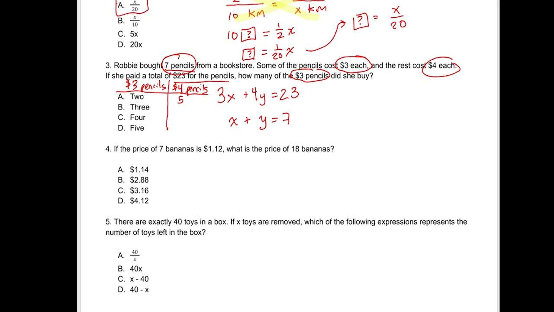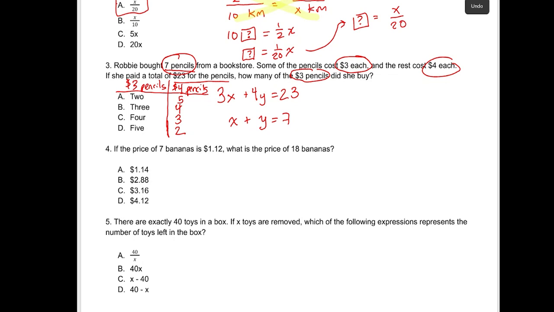If there's 3 $3 pencils, then there's 4 $4 pencils. If there's 4 $3 pencils, there's 3 $4 pencils. I feel like saying this out loud sounds really weird, but okay. So if there's 5 $3 pencils, there are 2 $4 pencils. Basically, these have got to add up to 7 because there's a total of 7 pencils being bought.